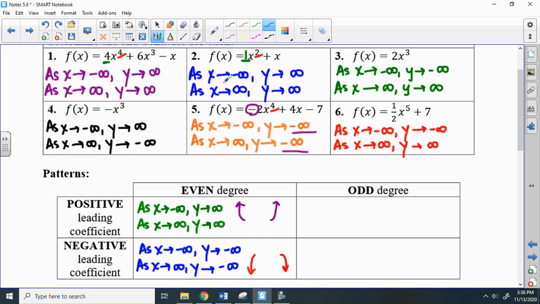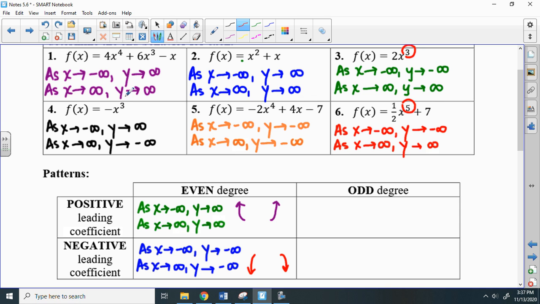Now let's go up here and take a look at the odd degree functions. I'm looking for all the ones where the highest exponent is odd.